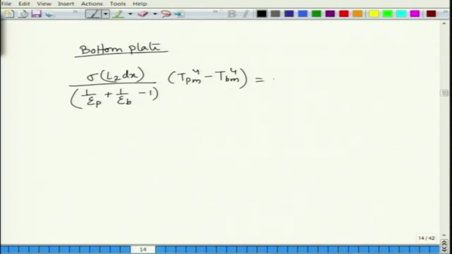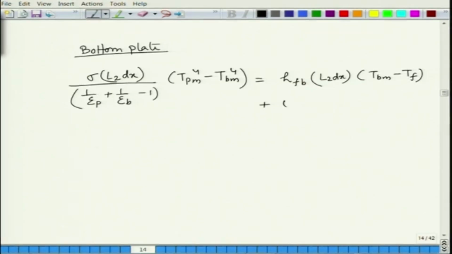So, this gain has to be equated to the summation of two loss terms. One is the heat that is being lost to the fluid, so h into area into delta T, that is the mean temperature of the bottom plate minus the fluid temperature.